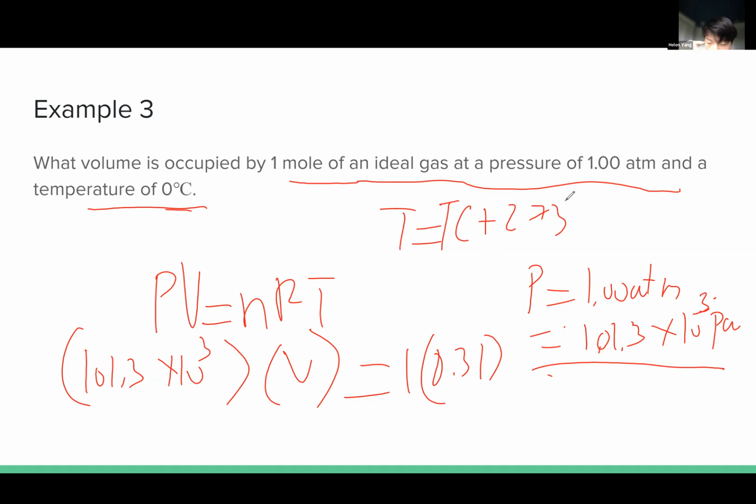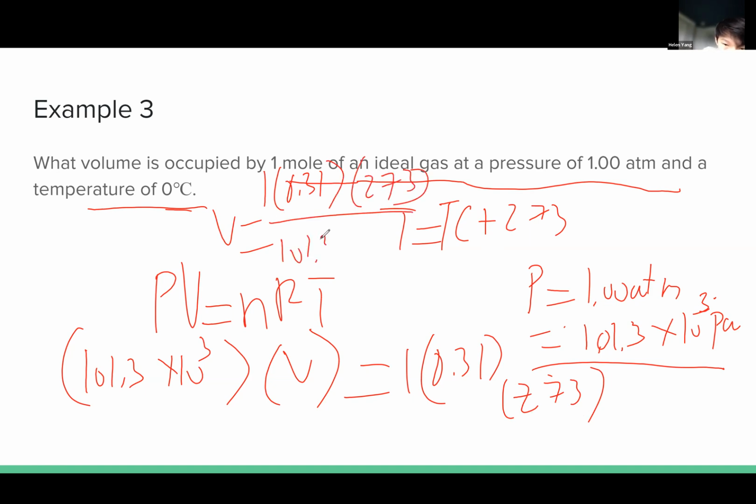So 0 plus 273 is 273. So to find V, it would be 1 times 8.31 times 273 divided by 101.3 times 10 to the power 3.